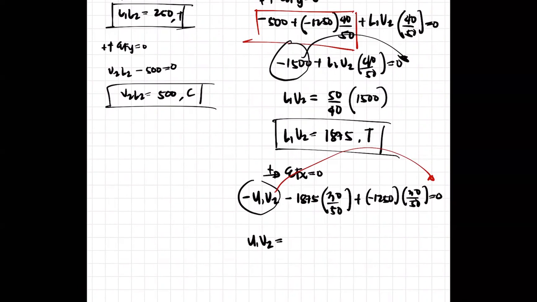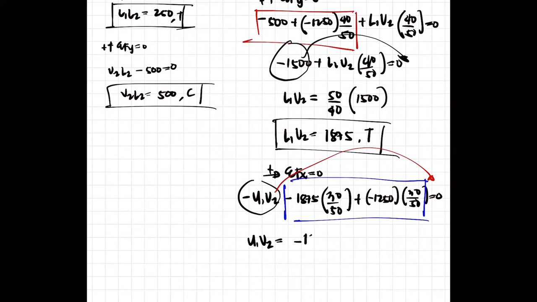No? Pwede mo nang i-calculator yung ating numericals. So that is negative 1875 times 30 over 50 plus no negative 1 to 50 times 30 over 50. And that is negative 1875.